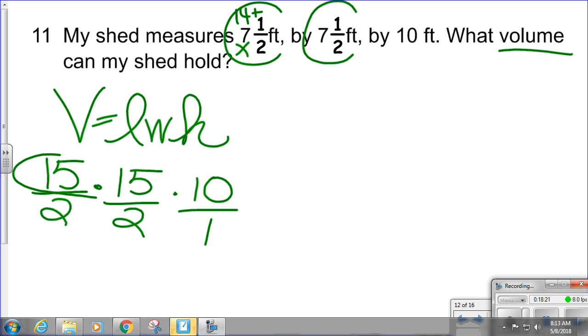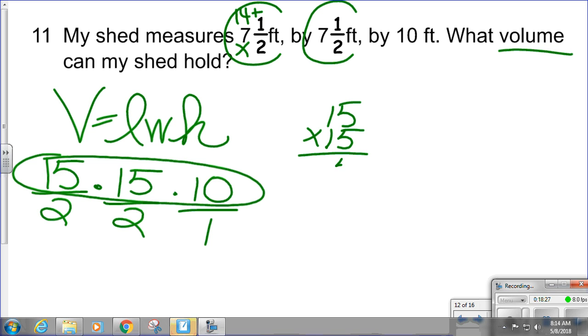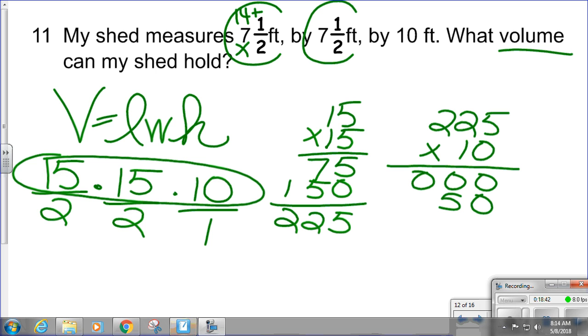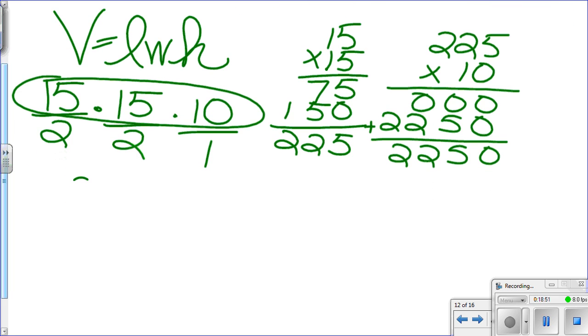Multiply all your numerators. 15 times 15 is 225, times 10 is 2,250. That's my numerator.